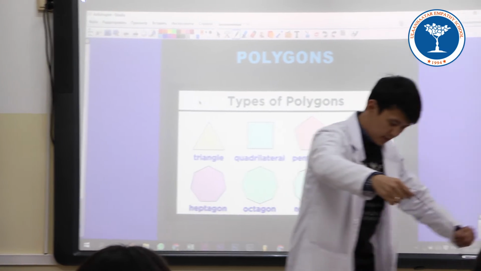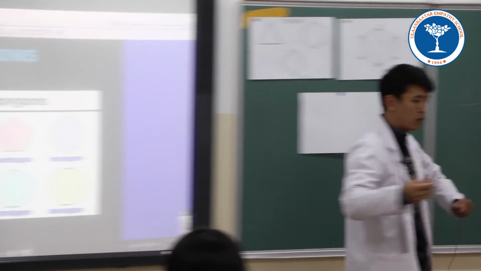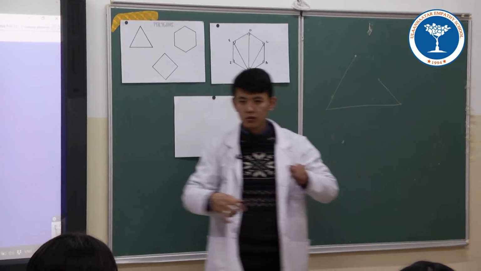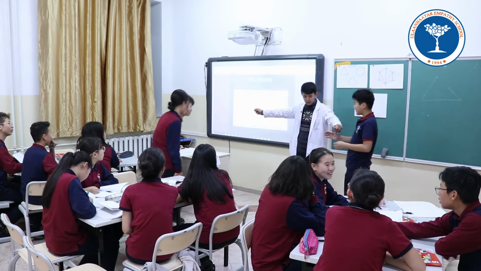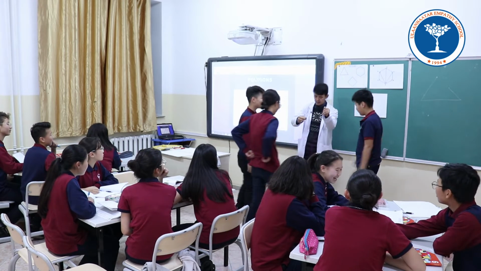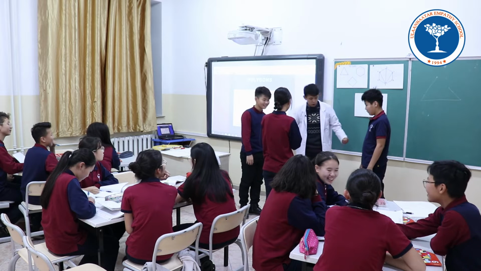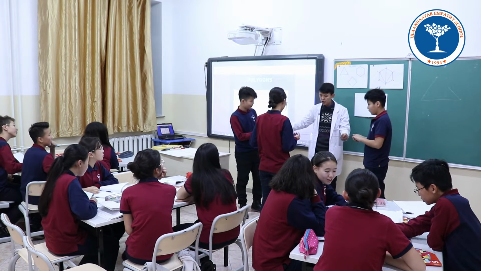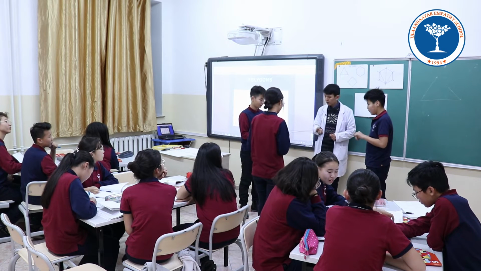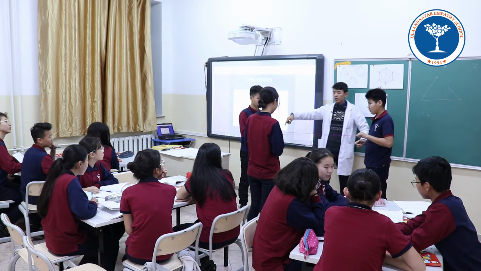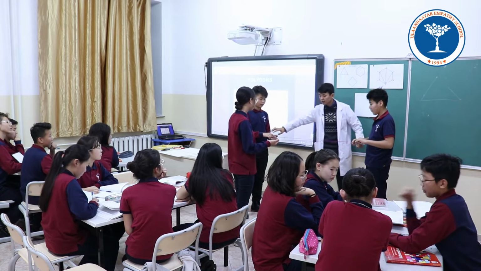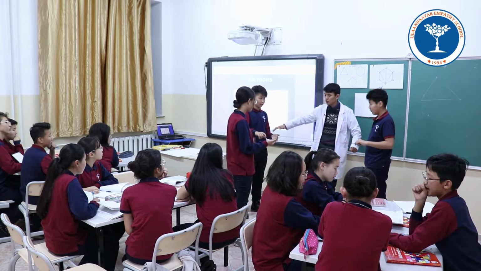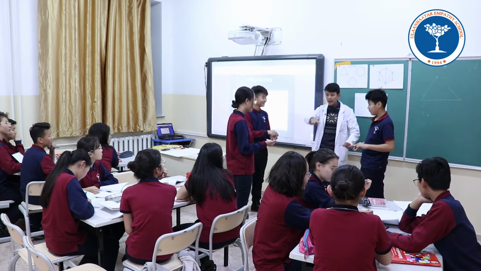Now, let's choose one student from each side. Unubolt, Holongo, and Udam. Let's hold one side of each triangle. Only one, okay? Now you formed a triangle, yes? There are 3 sides with this rope and 3 angles.